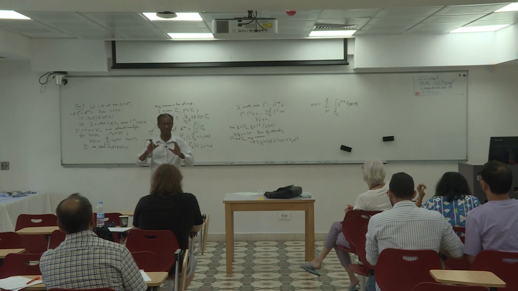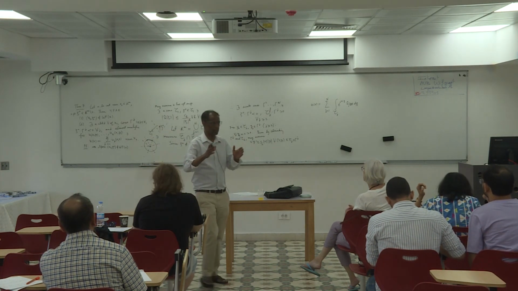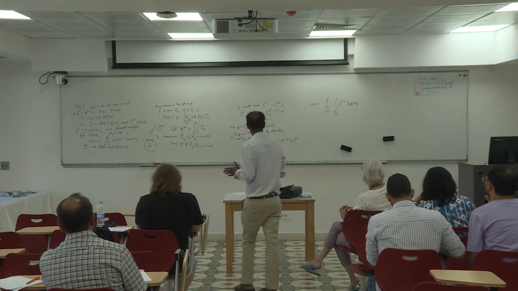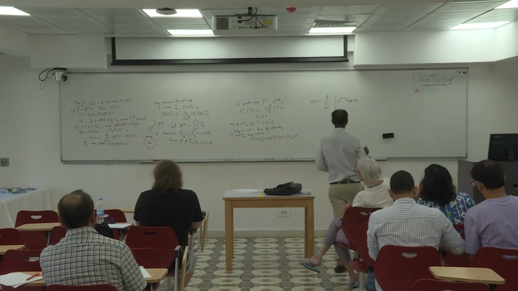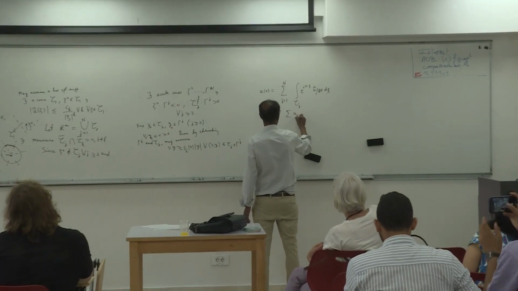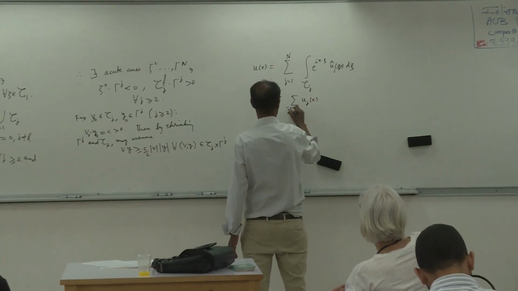It's only the boundaries that intersect, and those are of measure 0, so they don't matter in the integral, right? So u of x is that. I call each of these integrals the functions u_j of x. So u_j of x means this.